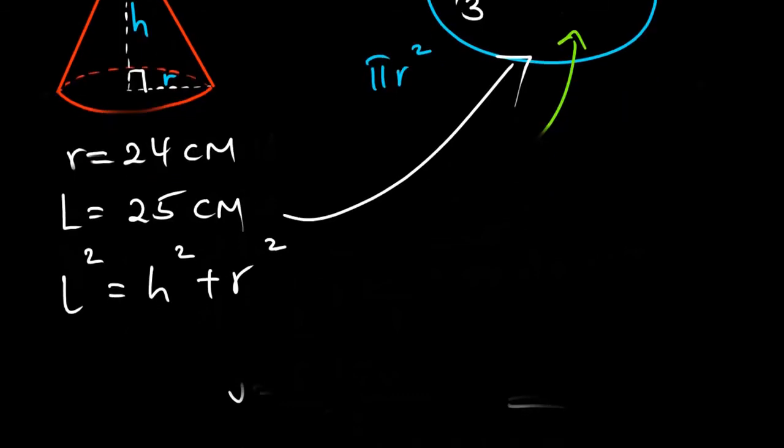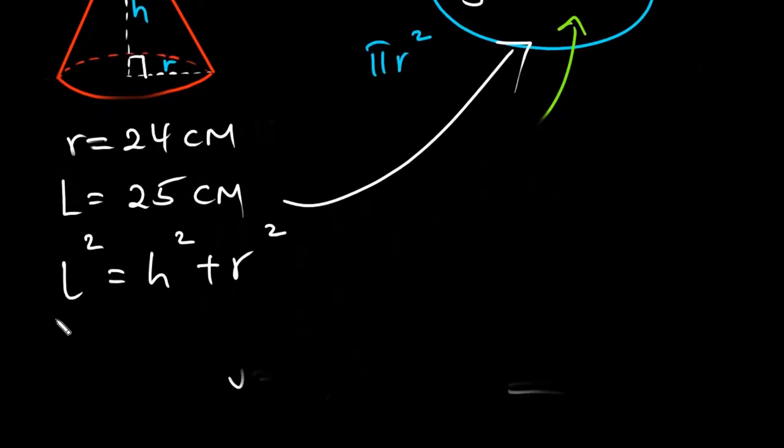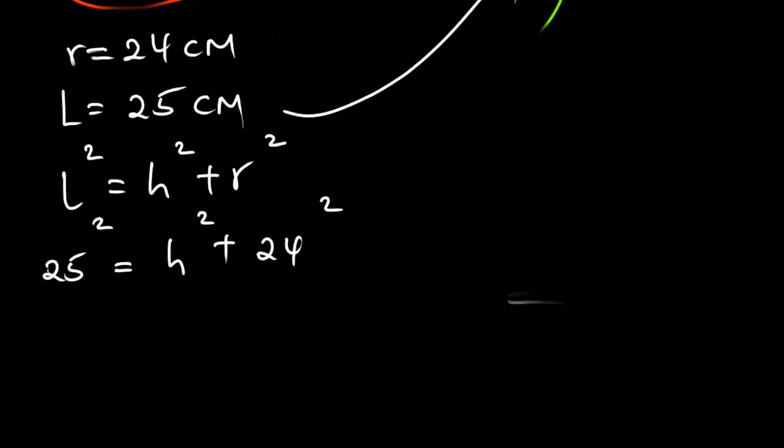So let's work it out. We have L as 25, so 25 squared is equal to h squared plus r squared, and r is 24, so 24 squared. To be left with h on this side, we need to subtract 24 squared on both sides.